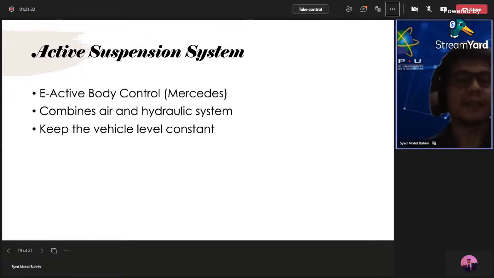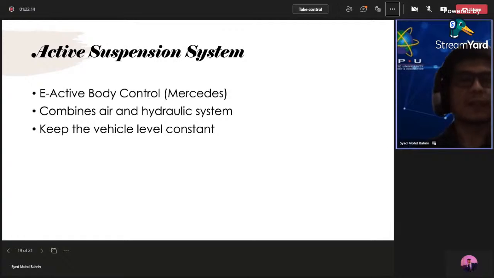Like I said, that is entirely up to you. So if you think that now is the era for everyone to use active instead of passive, then maybe as future engineers, you can think of how to bring the cost down, because now the cost of the active suspension system, like I said, is very, very expensive, and sometimes the system is very, very bulky. And like I said again, now with advancements in technology, we have nanotechnology, we have advancements in microcontrollers.